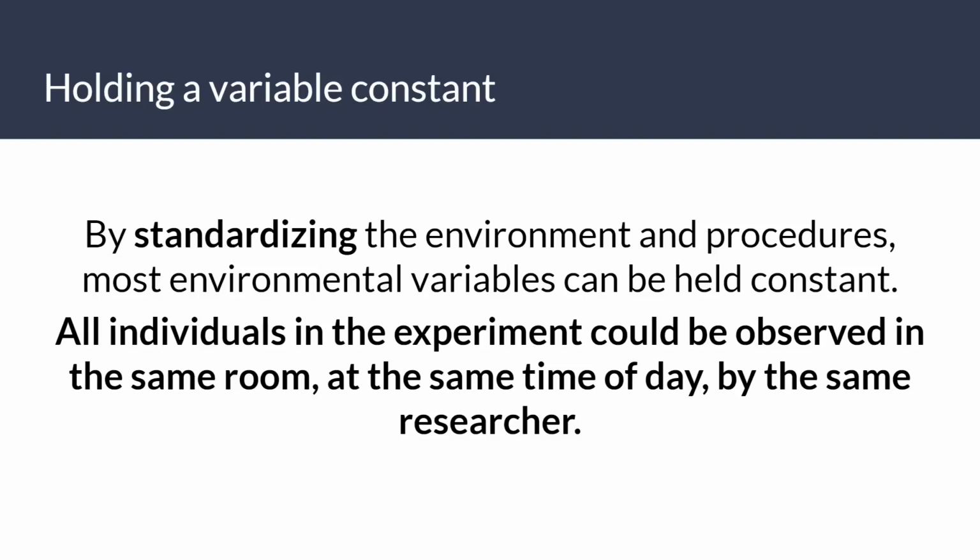But in an experiment, we can try to make your situation and your environment constant by making the environment the same for everyone. So all individuals in the experiment can be observed in the same room at the same time of the day by the same researcher.